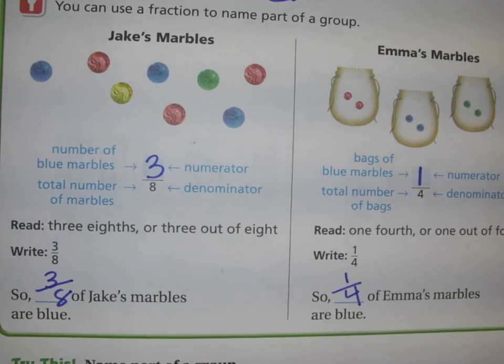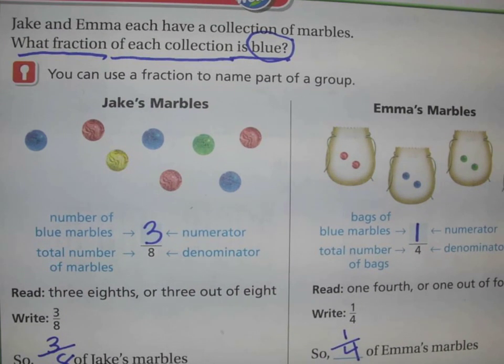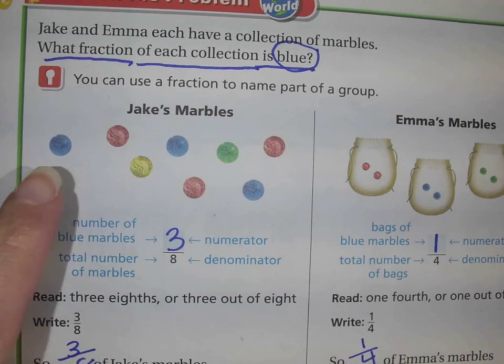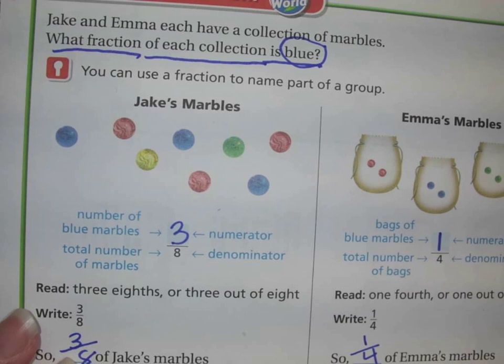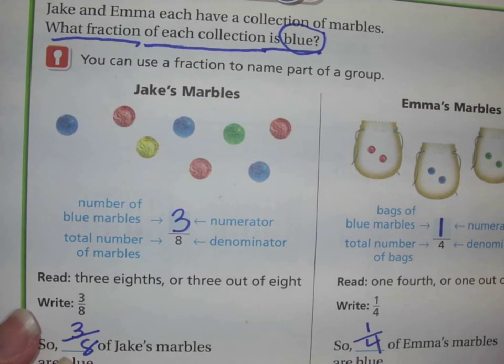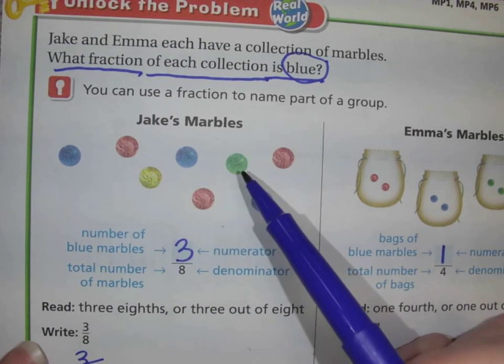Let's still look at Jake and Emma's collections of marbles, and this time, instead of writing a fraction of the collection that's blue, let's write the fraction of counters that are red. Let's look back at Jake's. Let's count the red marbles. 1, 2, 3. So Jake has 3 marbles out of a total of how many? 1, 2, 3, 4, 5, 6, 7, 8.